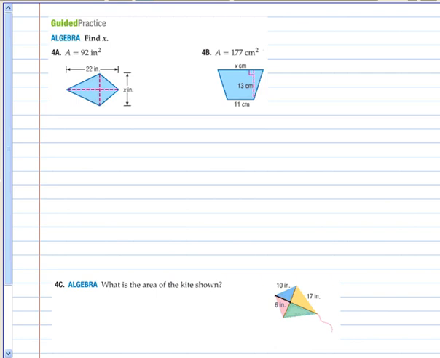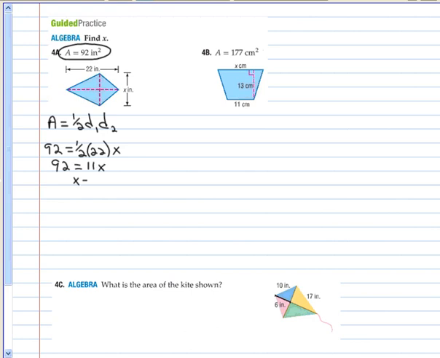Find x. So here they're doing a similar thing like they did the other day. They gave us an area. So I know my formula. Forgot my 1/2, didn't I? Area is 1/2 diagonal 1 times diagonal 2. So the area is 92. 92 must equal 1/2 of 22, and the other one is x. So what's 1/2 of 22? 11.